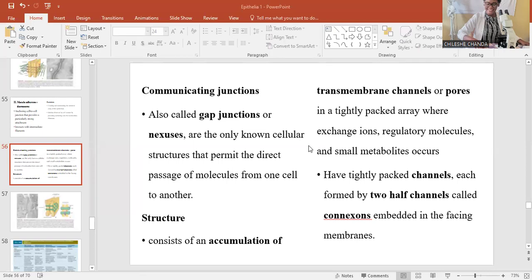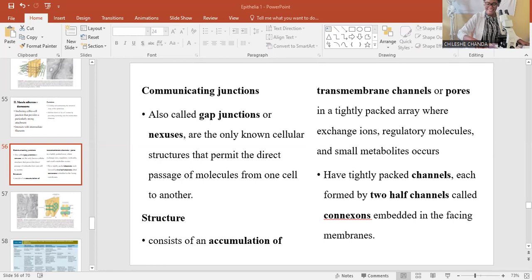And then the other type of junctions we have are communicating junctions. Okay, remember, we have now the communicating junctions. These are also known as gap junctions or nexuses. So one gap junction is known as a nexus. These are the only non-cellular structures that permit the direct passage of molecules from one cell to another.